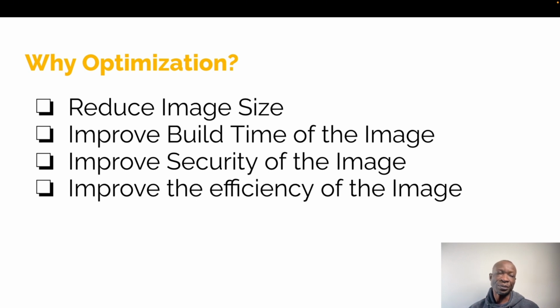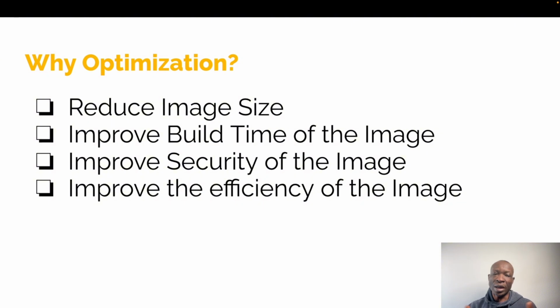So in reducing the image size, you already understood that you have a Docker registry and your images are going to be uploaded to the Docker registry. Also, anytime you want to run your container, you have to download the image from the Docker registry, which means that there's time involved when you're uploading the image online and when you're downloading the image to your work environment.